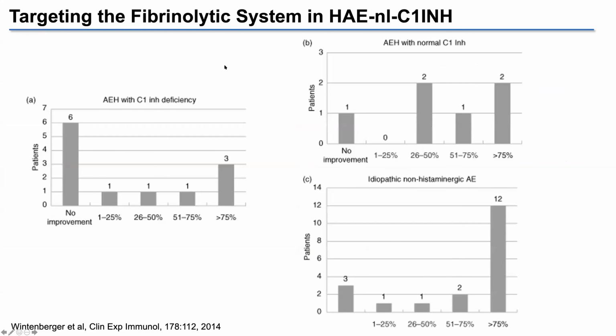This is the data with tranexamic acid. It's not effective in C1 inhibitor deficiency, but in idiopathic non-histaminergic angioedema or HAE normal, it's much more effective than we see in C1 inhibitor deficiency. So we use a lot of it, and I would suggest that it's worth a look.